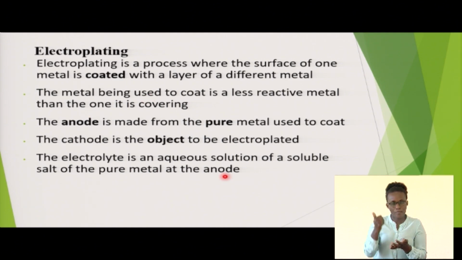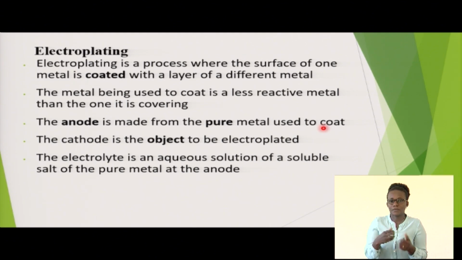The electrolyte, this is the fourth point that you need to remember as far as electroplating is concerned. The electrolyte is an aqueous solution of a soluble salt of the pure metal at the anode. We said the anode is made from the pure metal used to coat.